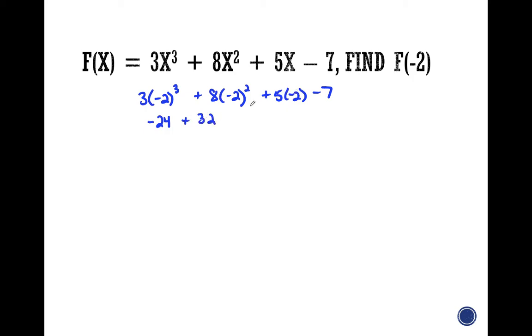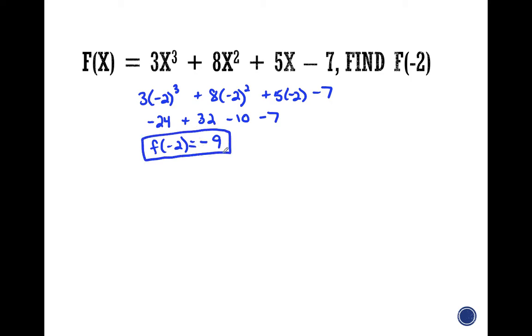And then a negative 2 times 5 is a negative 10. And then we have minus 7. If we continue to simplify this down, going through all the algebra work, if I add up all my negatives, I have a negative 34, negative 41, and negative 41 plus 32 would give me a negative 9. And this would be the value of f of negative 2.